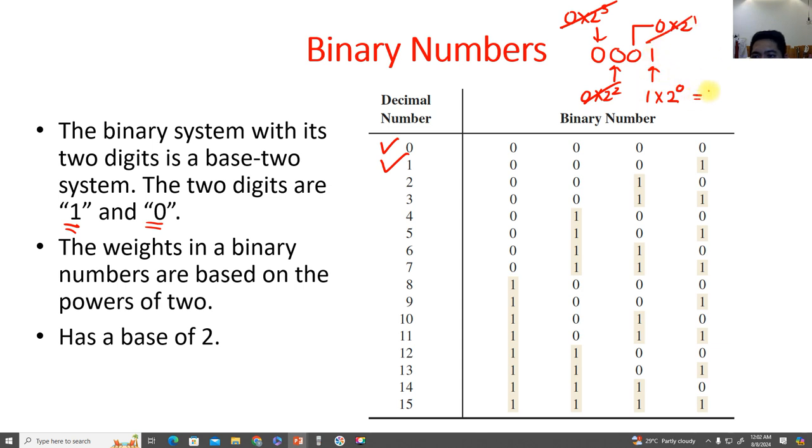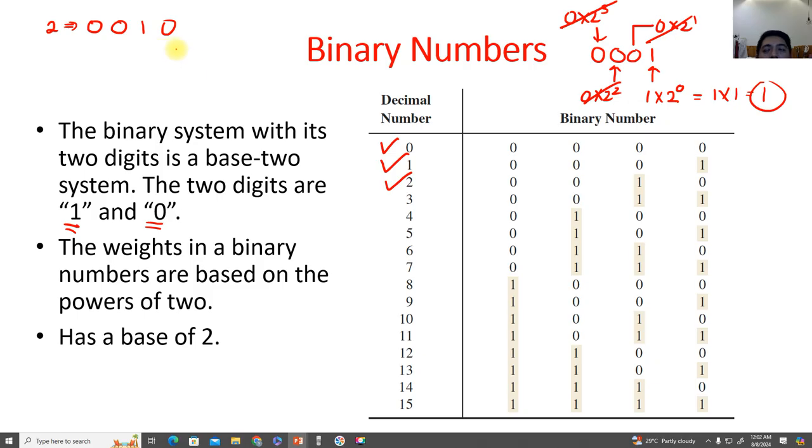If we analyze this, 1 times any number raised to 0 would be 1, so that would be 1. For 2, we have 0 0 1 0. The equivalent of decimal 2 in binary is 0 0 1 0.